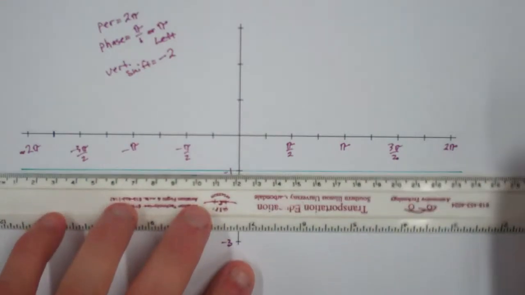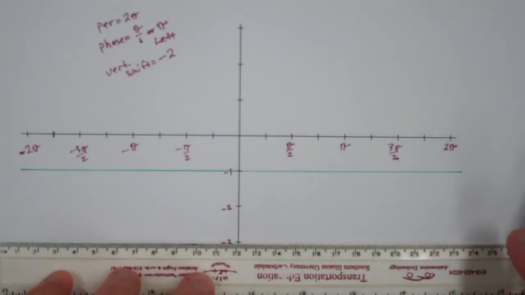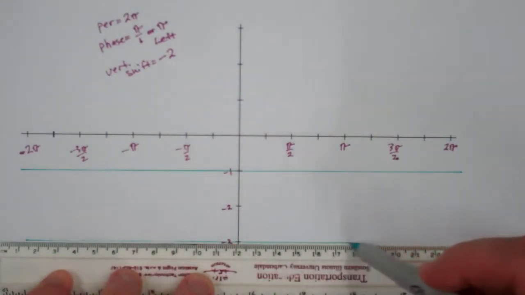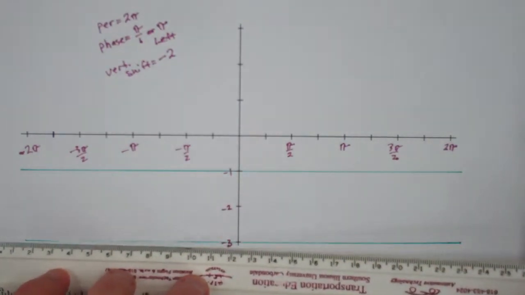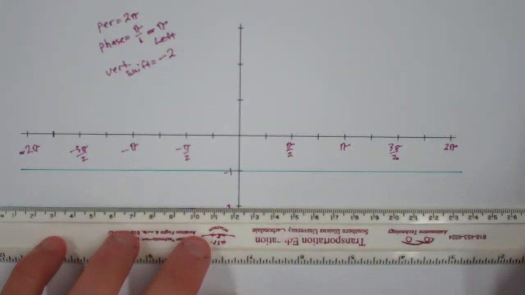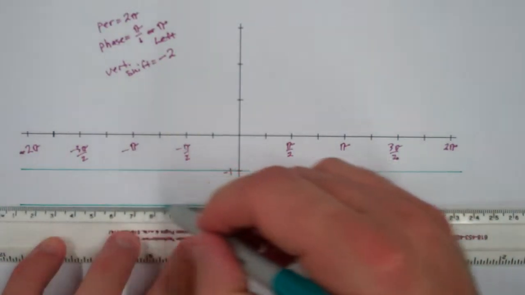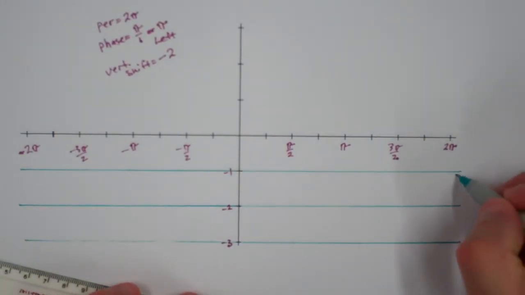So I just do my top and bottom line here. It might even be easier in this case to draw your midline first and then just go up 1, draw the top line, and down 1. That would totally work. It works either way, and you can label that if you want.